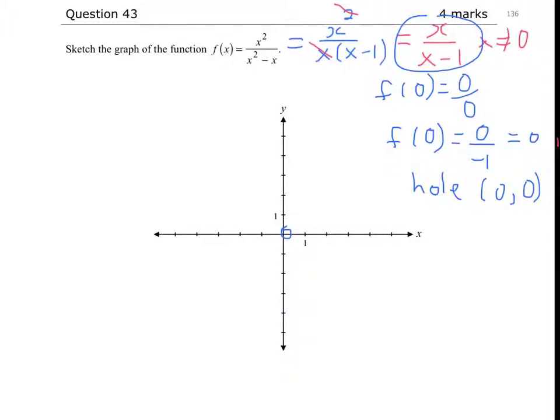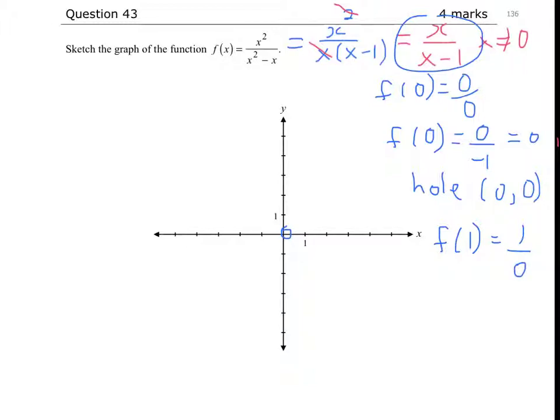The other asymptote, or sorry, maybe I'm foreshadowing. The other restriction, if we look at the denominator here, x cannot equal 1. If we try f of 1, we will get 1 squared, which is 1. And then on the bottom, we would get 0.